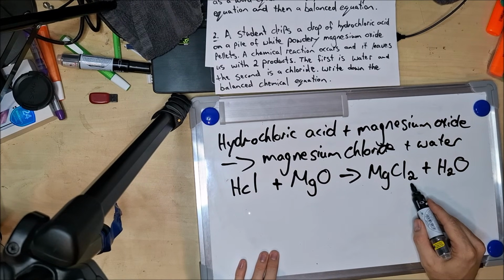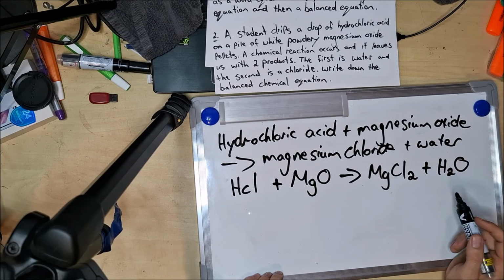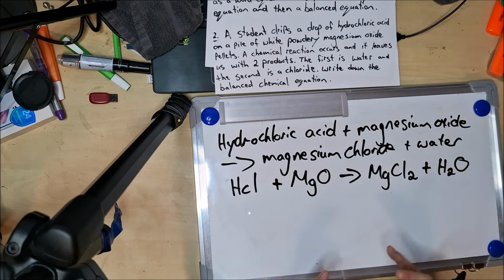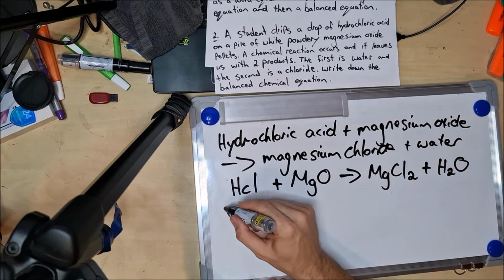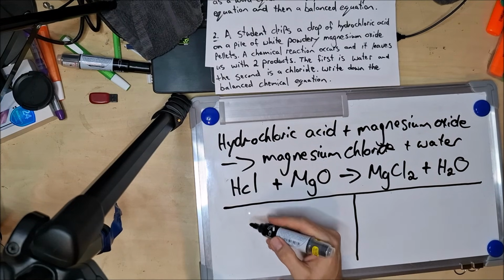Remember, it's a chloride, meaning there are going to be two chlorine atoms bonding. So let's see if this is going to be balanced.